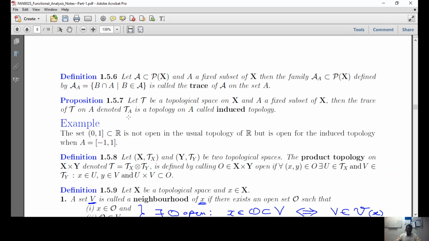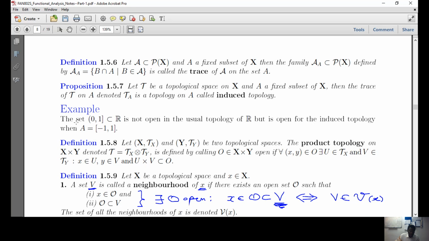We already have an idea of the structure, because our T is like our calligraphic A in the definition, but it is a topology. So the elements of T sub A will be the intersections of the elements of T with A. Simply like that.